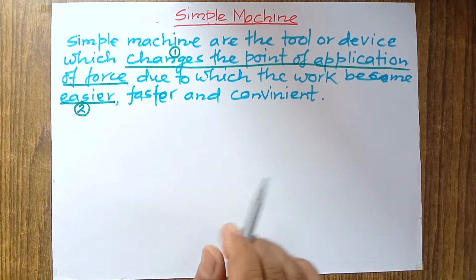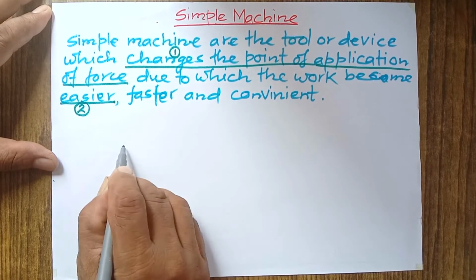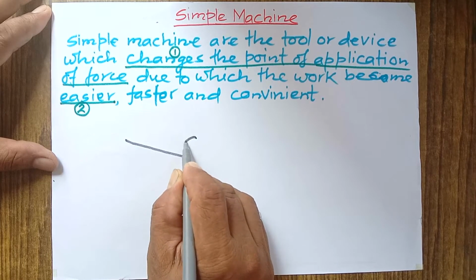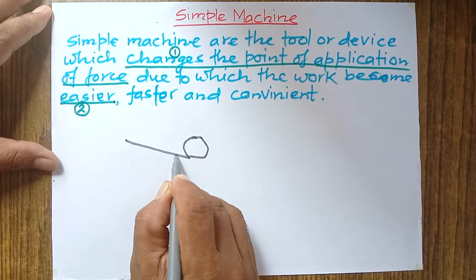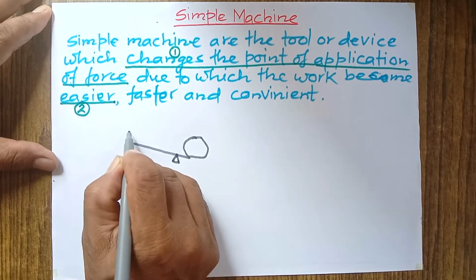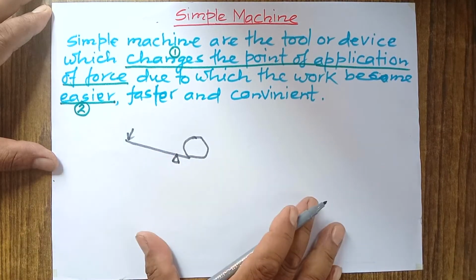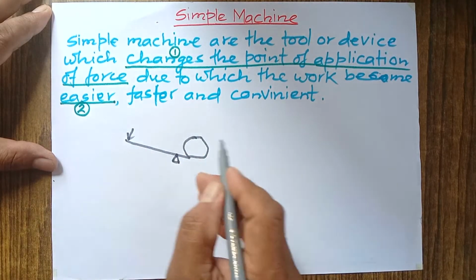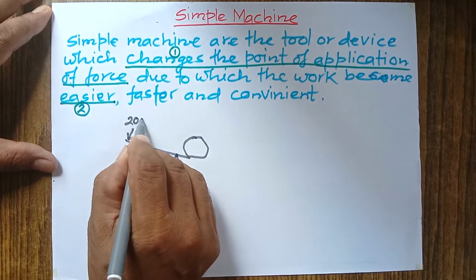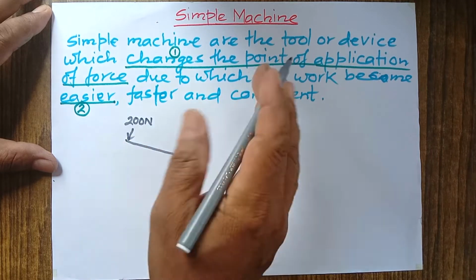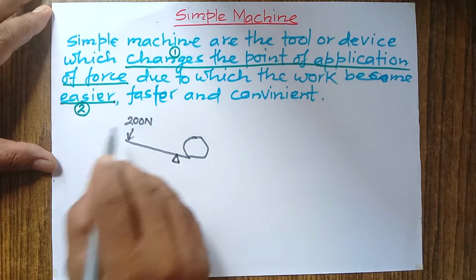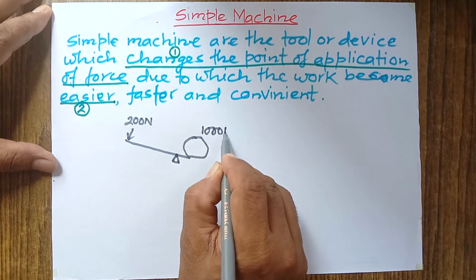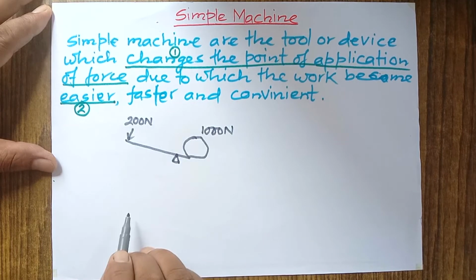Just for example, if we have a lever and we are going to turn a big stone here and this is fulcrum, and we apply force at this point. This is a lever. We are going to turn this stone. Now when we apply 200 Newton force, this number is imaginary, with the help of this 200 Newton force, we'll be able to turn a heavy load having its weight 1000 Newton.